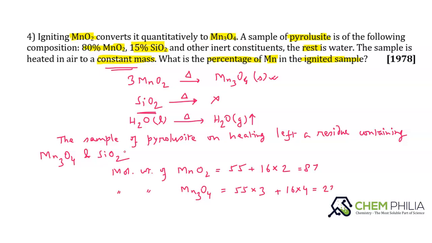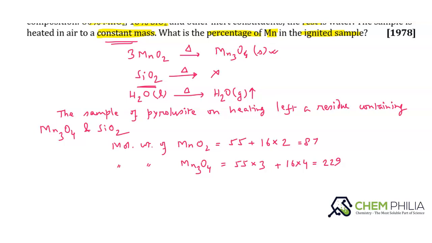So it's 229. So the molecular weights we have calculated. Now, if you look into the reaction, the first reaction, 3 mole of MnO2 gives 1 mole of Mn3O4, right?